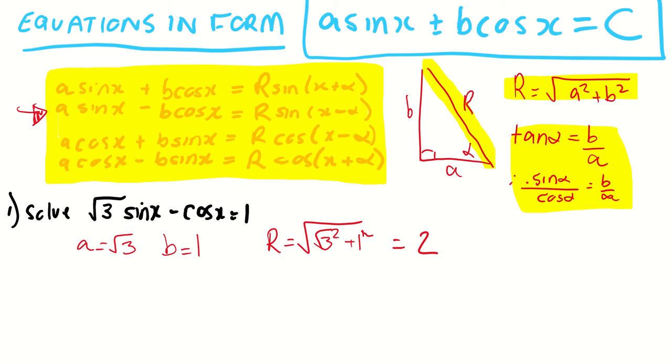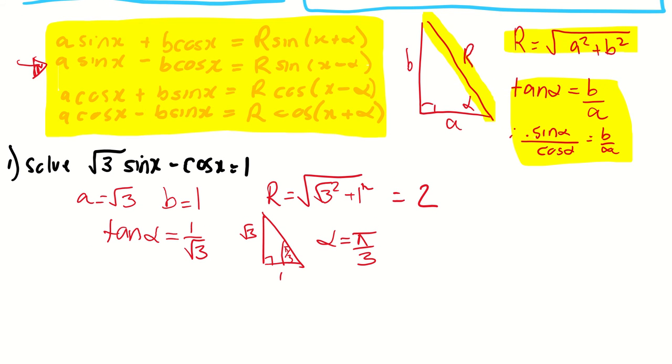Last thing then is tan alpha is equal to B on A. So 1 on root 3. Thinking about your triangles where root 3 is opposite over adjacent gives me this angle, which is pi on 3. So alpha equals pi on 3. Now I can just put it into my formula.